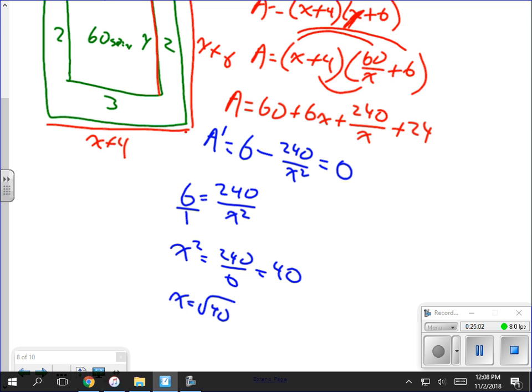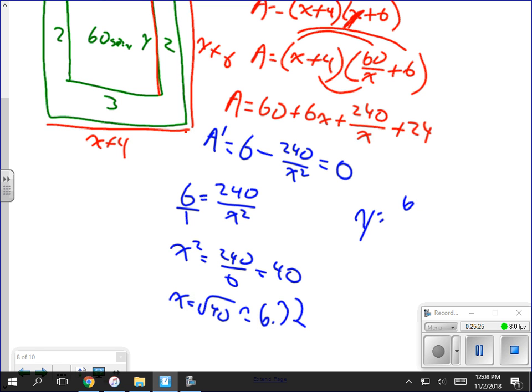Which is 2 root 10, which is, take the thing on your calculator to get the decimal approximation. 6.32. Approximately 6.32. And then you can take this to find the y dimensions, because what is y?